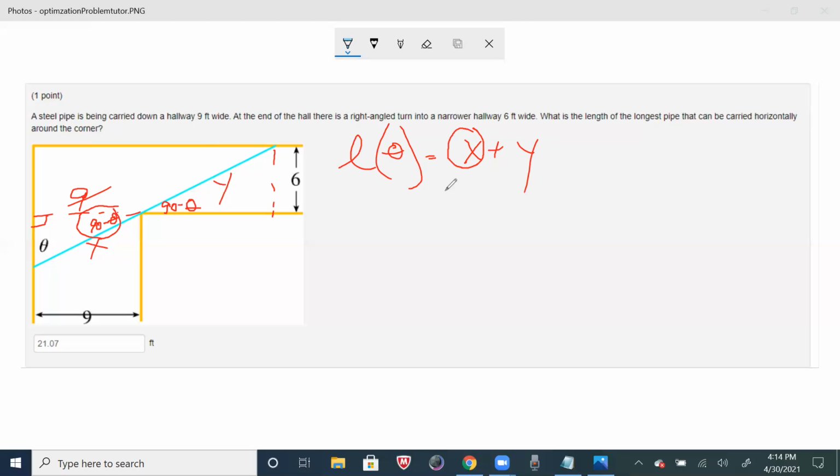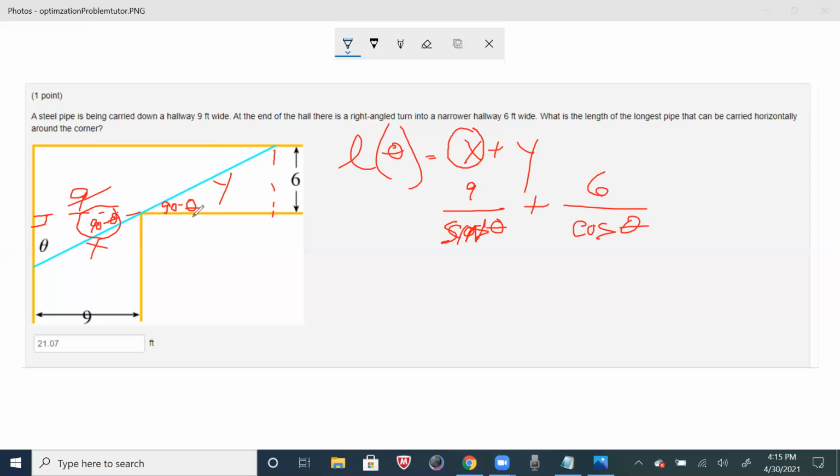Therefore, x is 9 over sine of theta. Yeah, the opposite, 9 over sine of theta, excuse me. And then this one is 6 over cosine of theta.